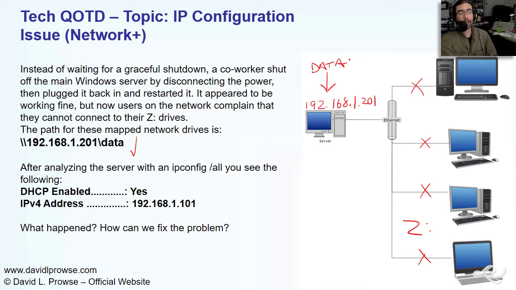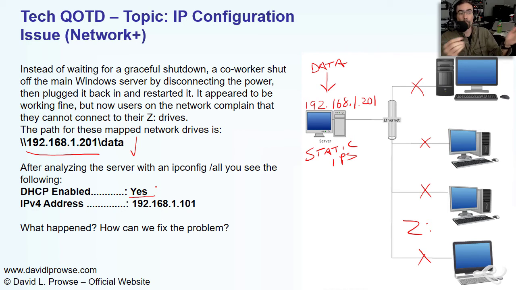But after analyzing the server with the ipconfig /all, you see a couple troubling things. One, it says DHCP is enabled. It says yes. And that's no good because servers will normally use static IP addresses that you configure manually. Most likely, this was the address originally configured manually, .201, but now it's getting an address from a DHCP device.